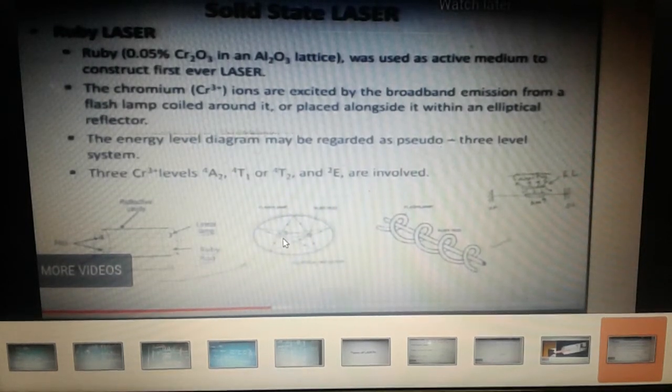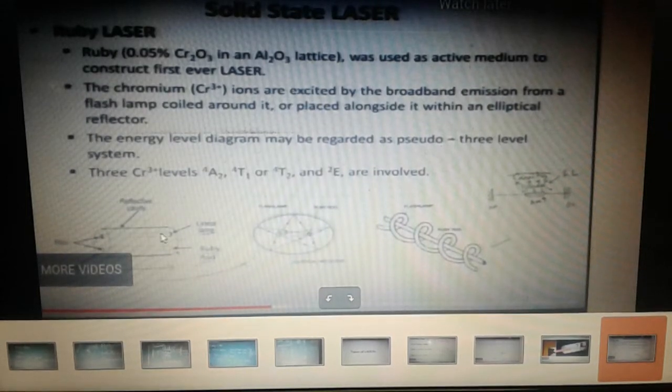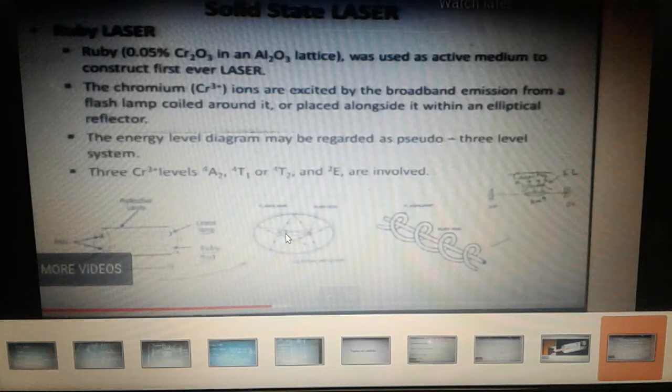On one focus there is the flash lamp, and on the other focus there is the ruby rod. This arrangement is required so that most of the light emitted by the flash lamp, either in straight line shape or in helical shape, goes into the ruby rod. There is minimum wastage of energy.